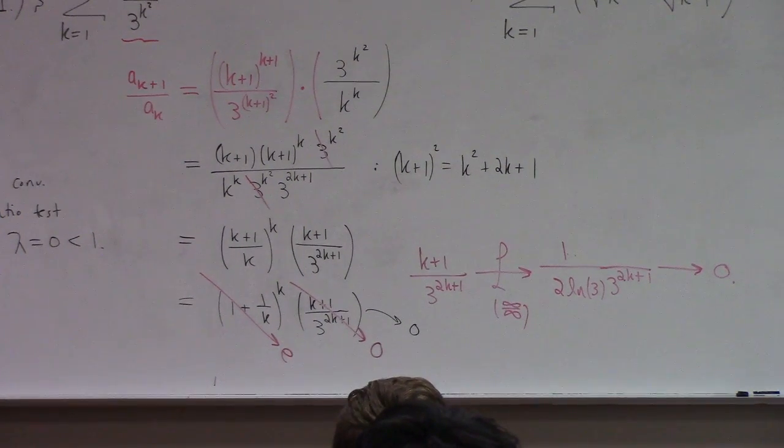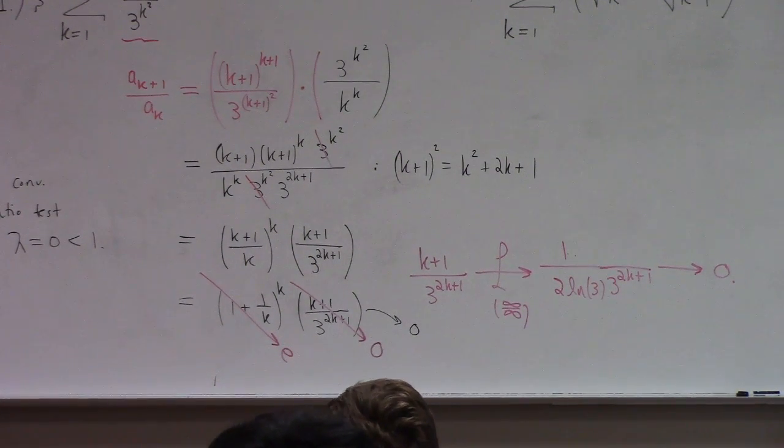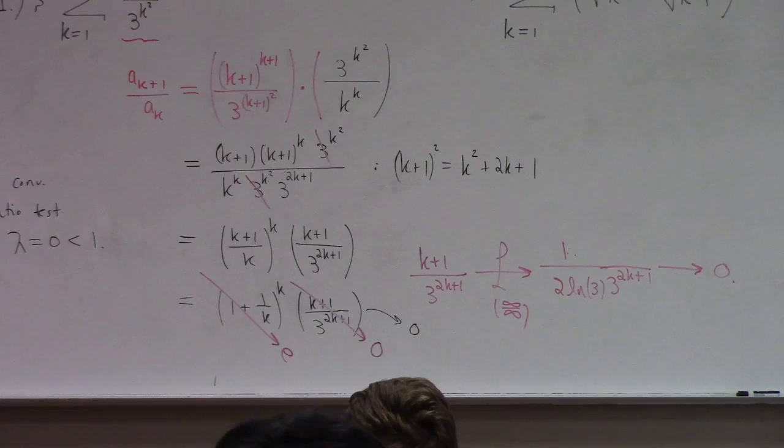Could I have done the root test here? Possibly. Let me try it out for a second here. K to the power k over 3 to the k squared. I'm supposed to look at the kth root of that, right? So, of course, that is the natural enemy of k to the k, which is not bad.